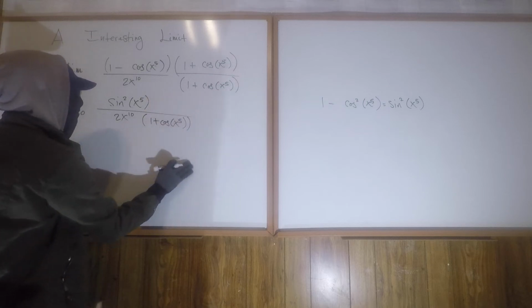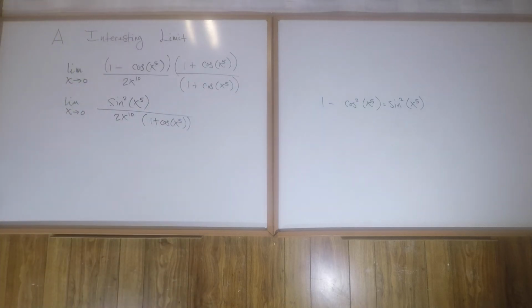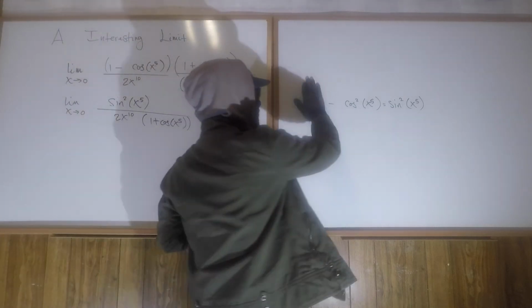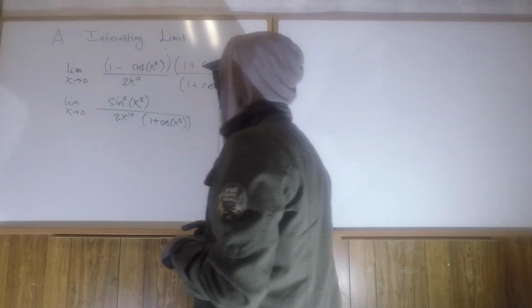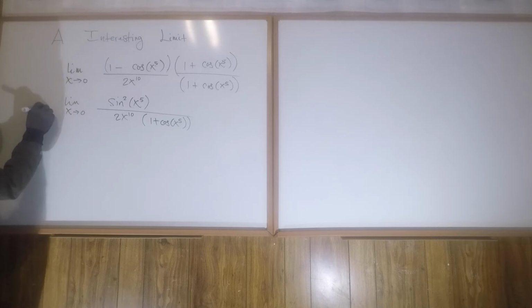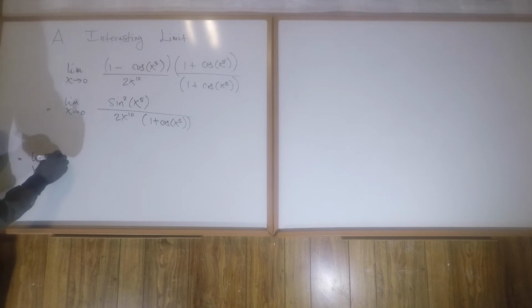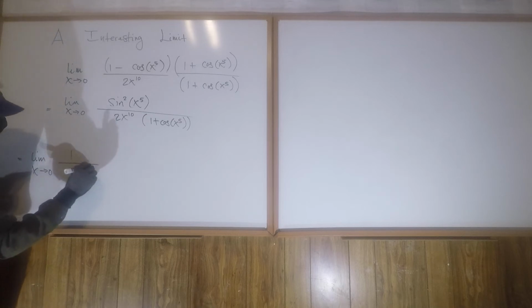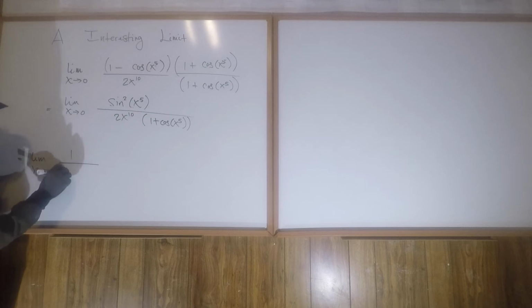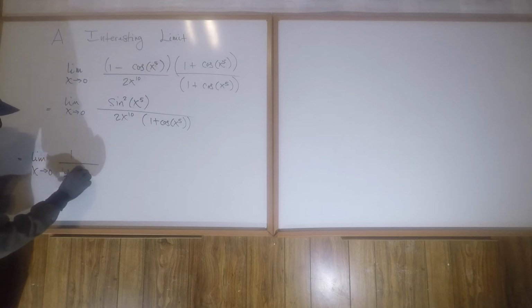Got it. Okay. Now, this is what I'm going to write. I'm going to write that what I've got is the same as the limit as x goes to 0 of 1 over, I'll lead with this, 1 plus cosine x to the 5th.